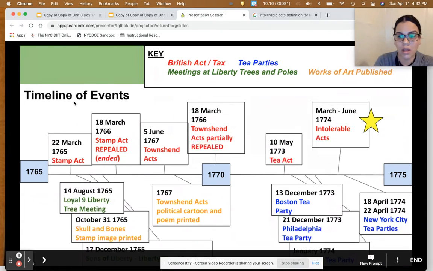Here again is the timeline of events leading up to this war. We are here in 1774 with the Intolerable Acts, which come right after the tea parties in New York and Boston and Philadelphia.